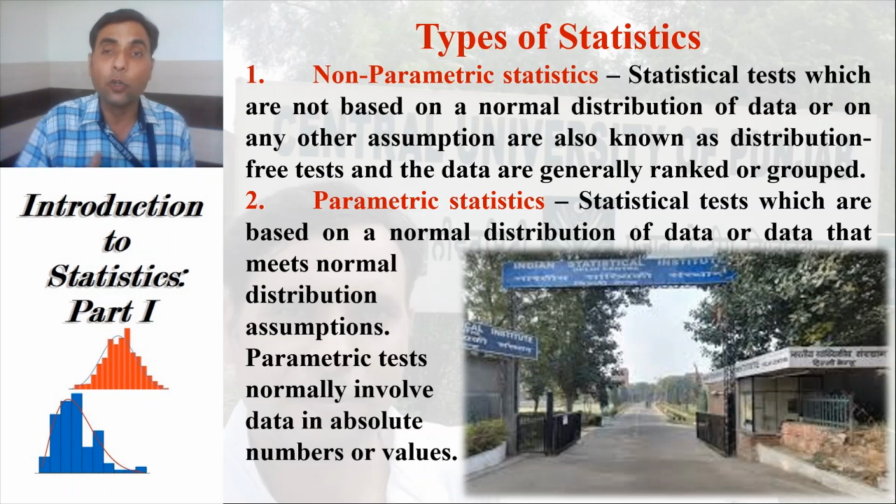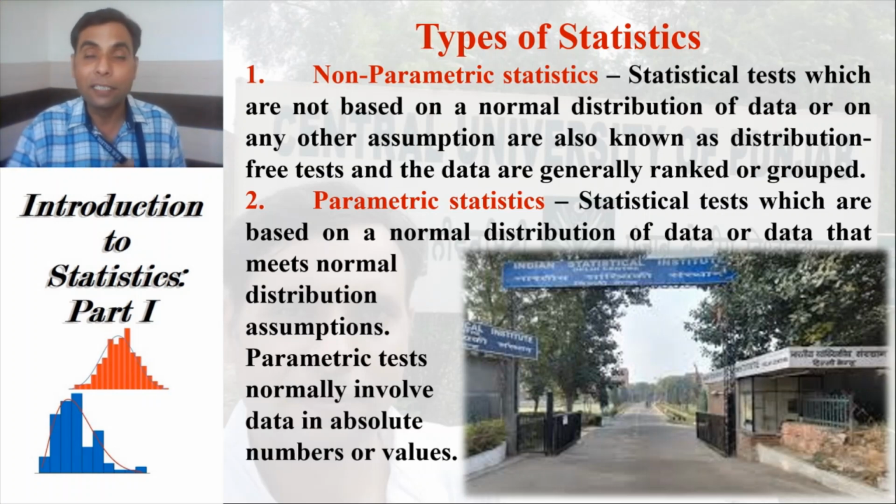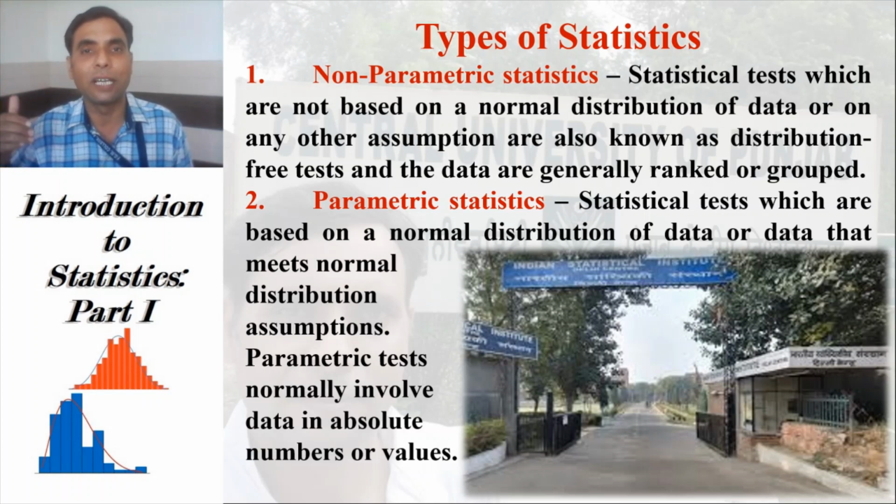Parametric tests normally involve data in absolute numbers or values. There are no rank orders or categories. Data has to be in absolute numbers. Absolute numbers means 32, 21, 1001 or 101 or 109 or 908. Where the rank is first rank, second rank, third rank, fourth rank, that is the rank. Order: first order, second order, third order, fourth order.